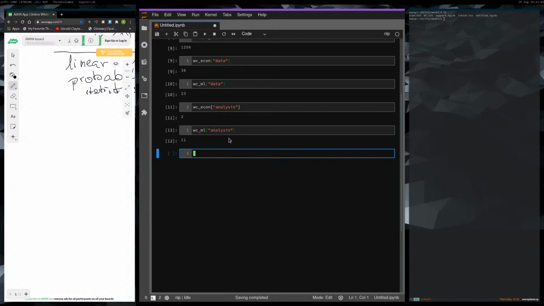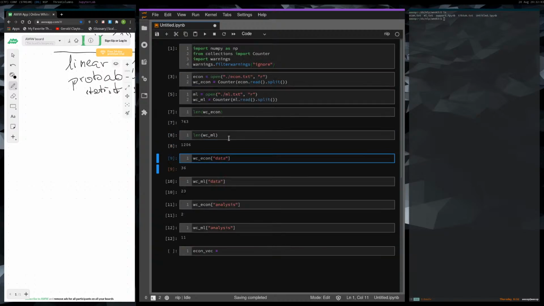So now, how does it work? Let's create a vector, and we'll talk about vectors extensively. This is again more of a demo than anything else. So a vector from economy, from the two words that we're analyzing: data and analysis.